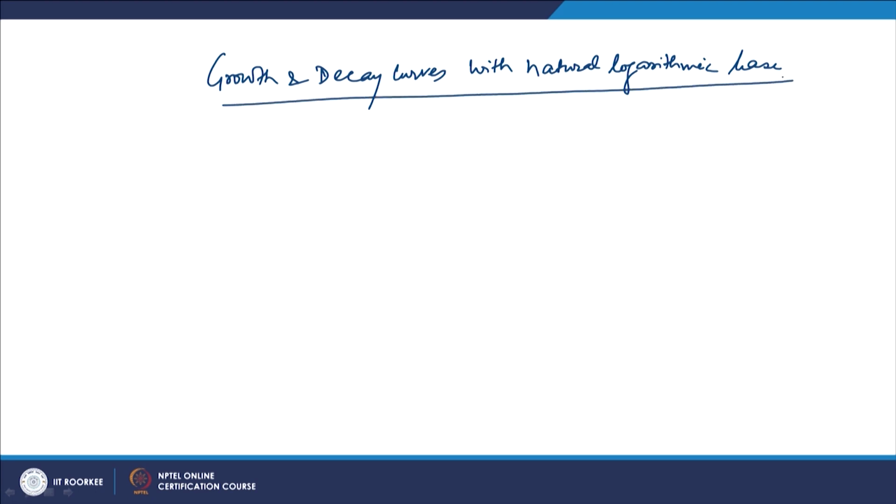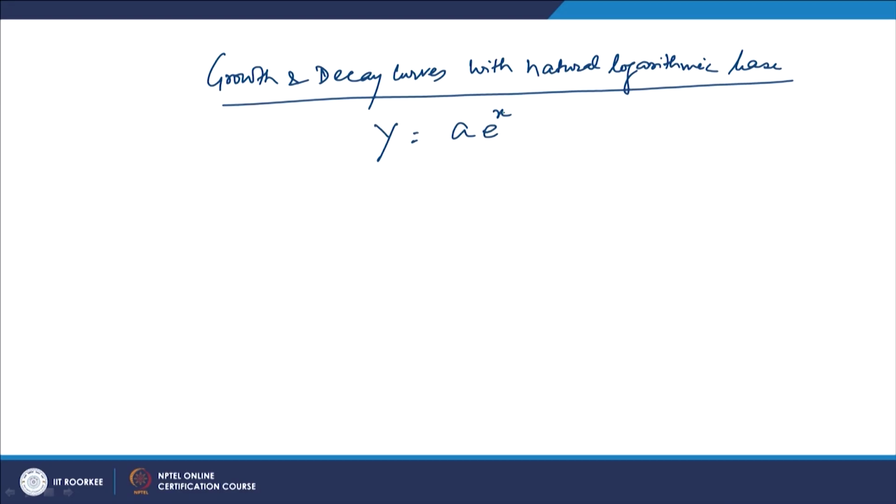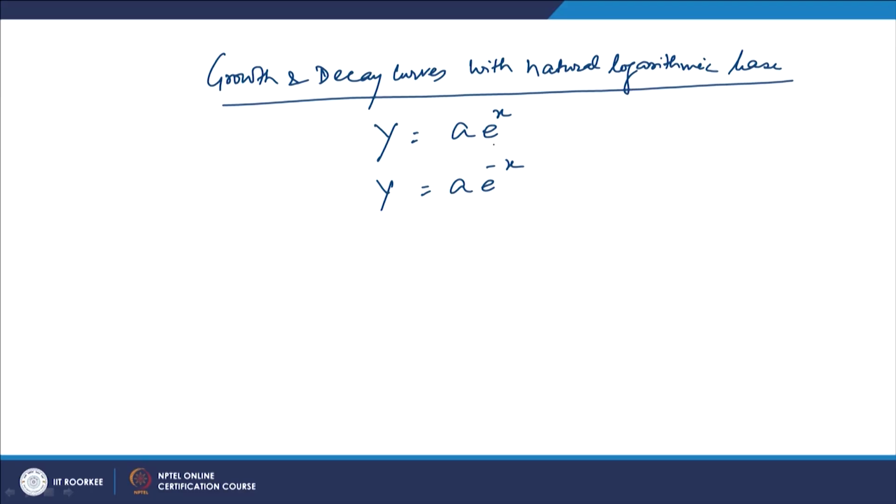In those cases the function becomes y equals a e raised to the power x, or otherwise y equals a e raised to the power minus x. Here e is used, and as we know, it has a particular value, 2.71828. Based on that you can find these values. So these are the functions.